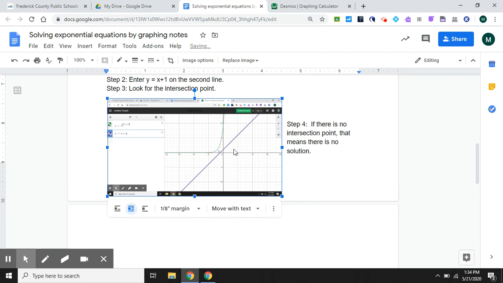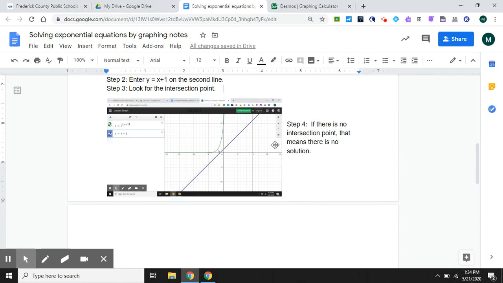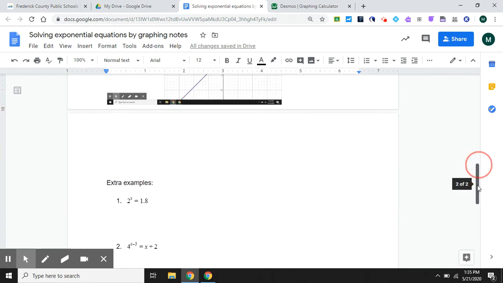And there we go. So when you don't have an intersection point, that just means that there is no solution. So step 4 kind of got moved over there a little bit.